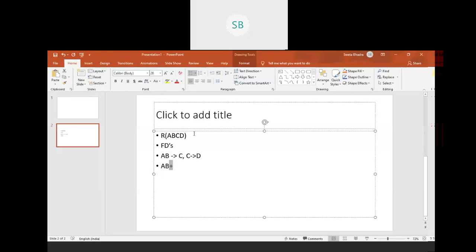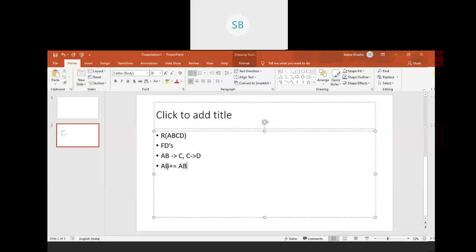You have to think about where we can go from AB. AB can obviously determine AB, because it's a closure, that is the reflexive property.